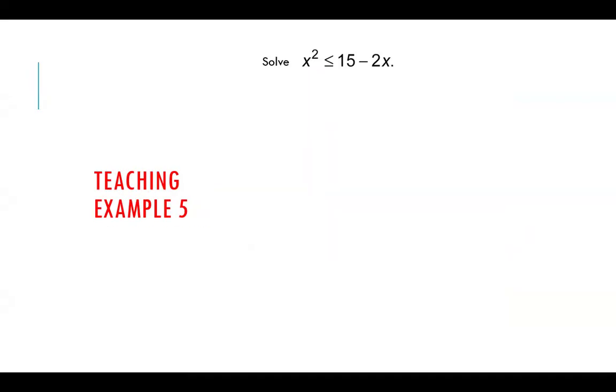So we have x squared is less than or equal to 15 minus 2x. Okay. First thing we're going to do is change this into an equation, correct? Step 1 is to turn this into an equation. So our equation would become x squared equals 15 minus 2x. And then step 2 is to solve the equation.